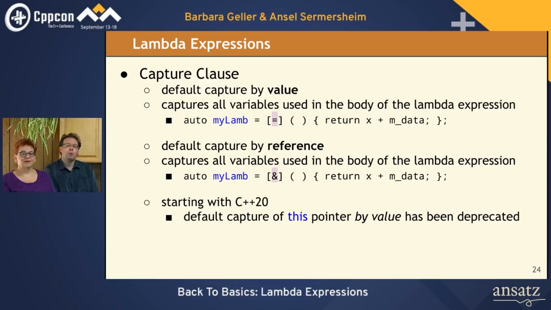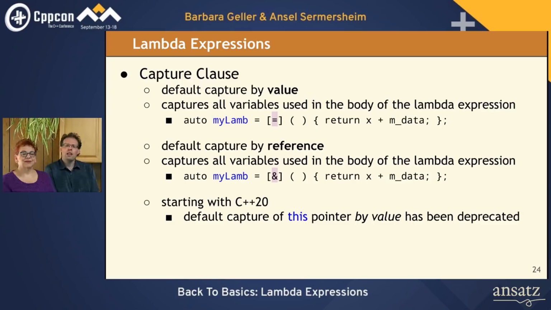Both of these examples refer to X and m_data. And in order to compile, these both need to be either in the local scope or class members. Assuming that mData is a class member, this will be default captured because we need access to it in order to access that variable.